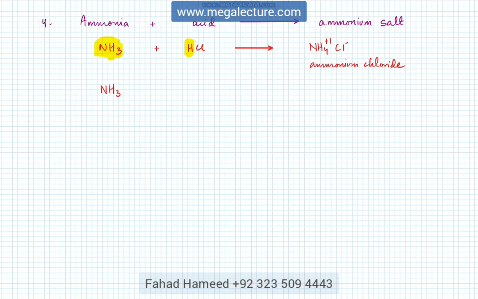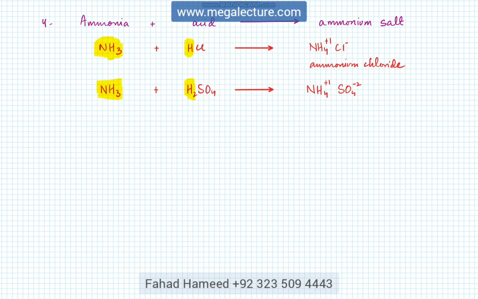Ammonia plus sulfuric acid. So that's H2SO4. Same thing would happen. The ammonia over here will attract the H plus one from the acid, and they're going to produce ammonium ions again. And what's left is SO4 minus 2.